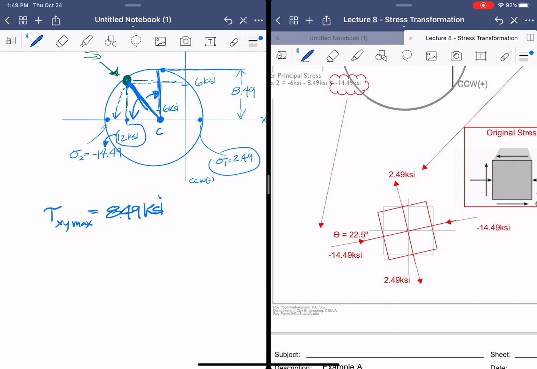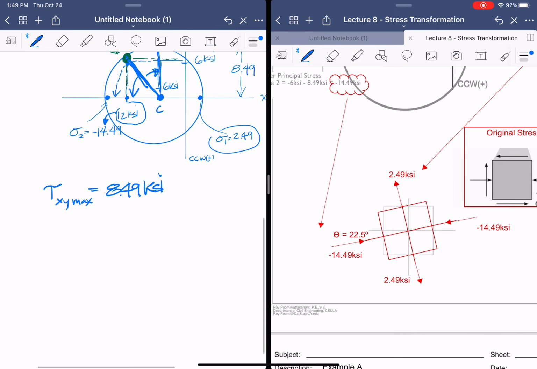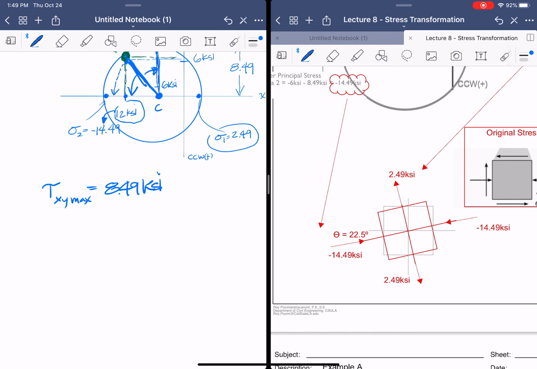Okay, so what we know is this. Start with our original block.